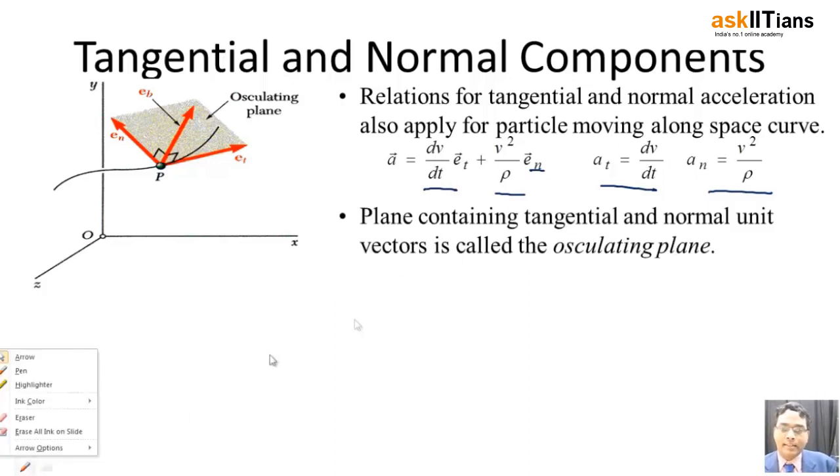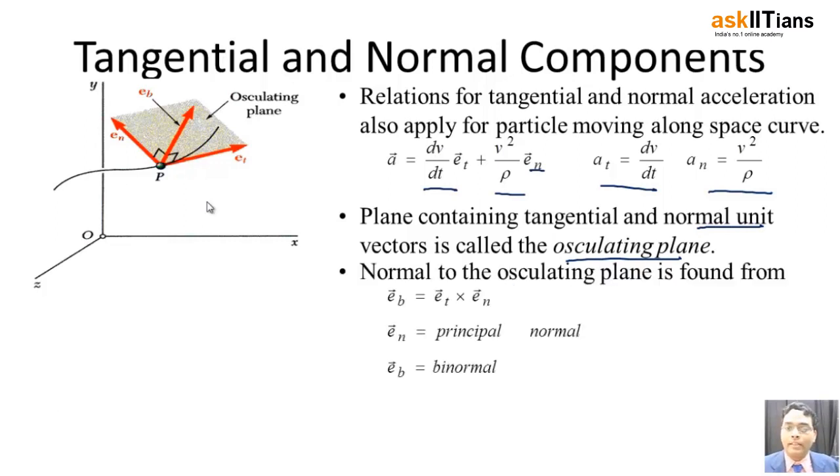So the plane that is containing both the tangential and the normal unit, this is what is known as the osculating plane. So this is always going to be lying within a particular area, right? And using this, what you will get is that the normal to the osculating plane is found from this particular relation. So En is going to be the principal normal, Eb is defined as a binormal.